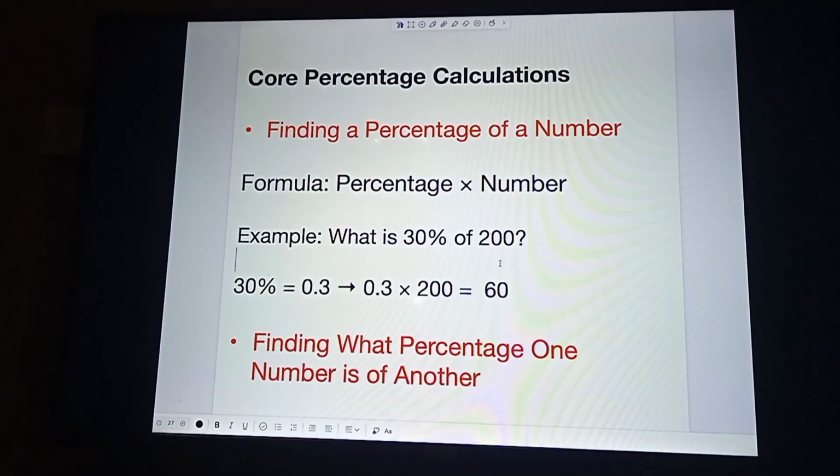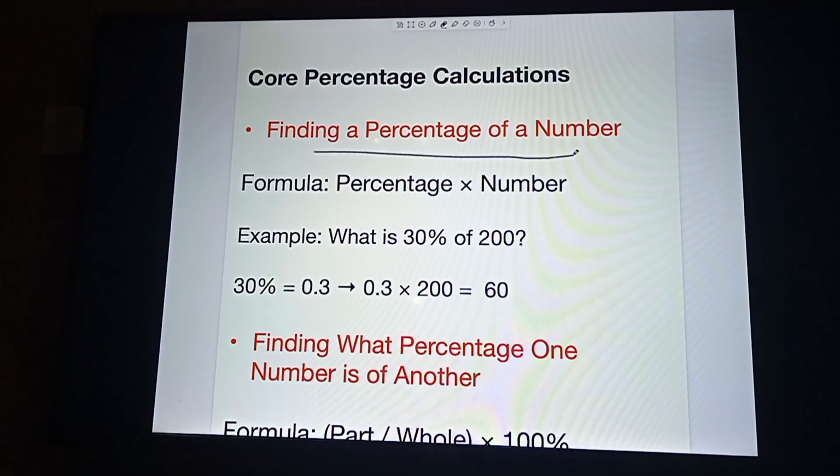Now we learn core percentage calculations. First is finding percentage of a number. For this the formula is percentage multiplied by a number.